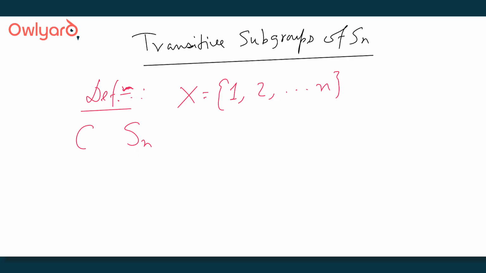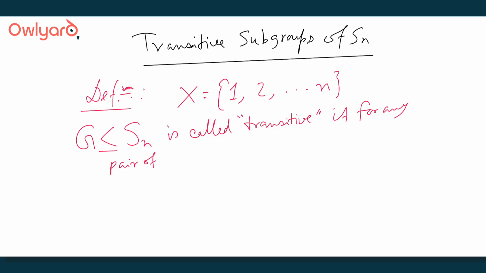Now, any subgroup G of S_n is called transitive if for any pair of elements, let's say x1, x2 in X, there exists a permutation pi in G such that pi of x1 equals x2.